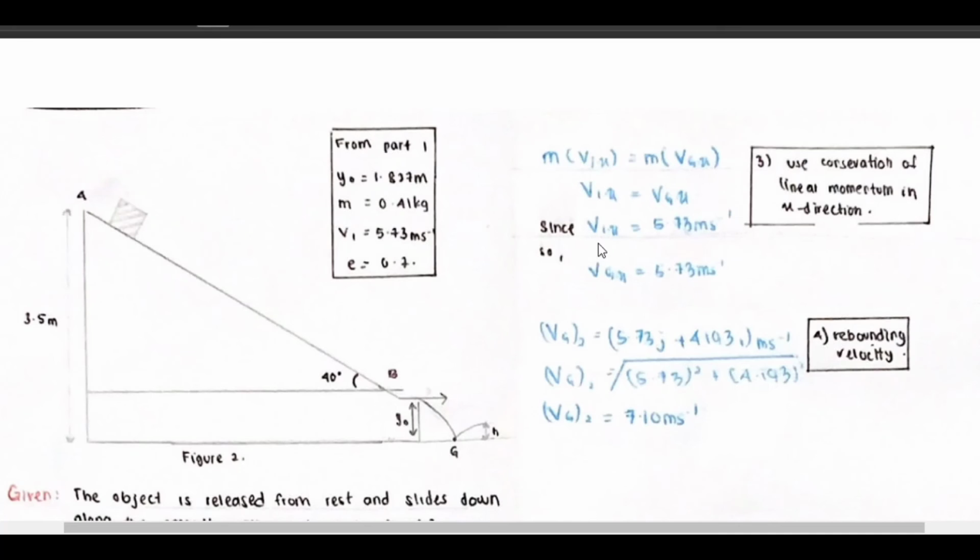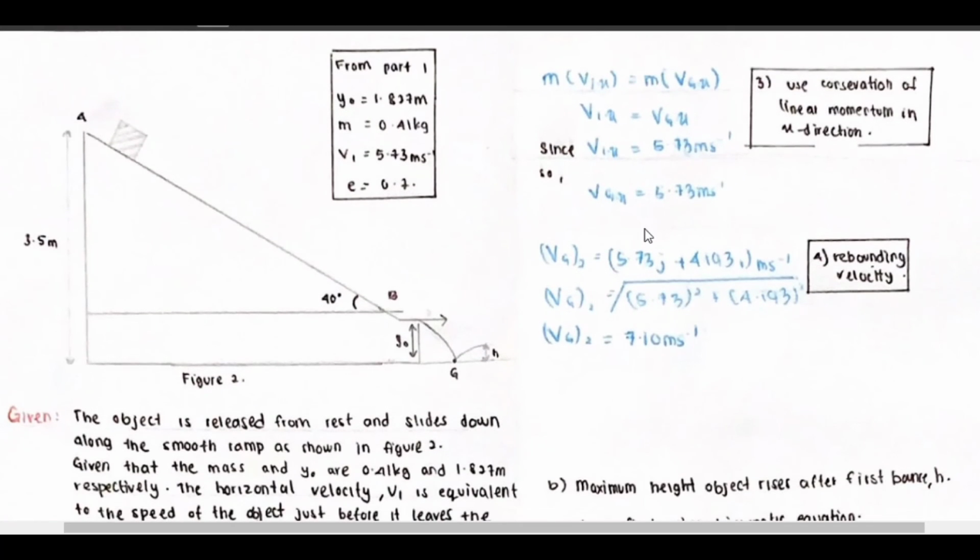Since V1x is 5.73 meters per second, the value for VGX is 5.73 meters per second. After we get VGX and VGY2, we combine them as vectors. Then we calculate and simplify, and we get VG2 equal to 7.10 meters per second.